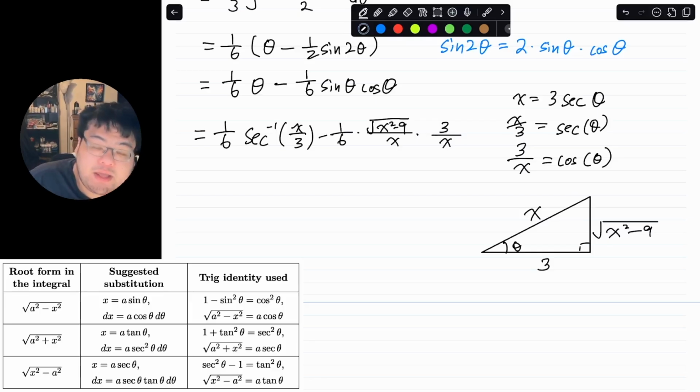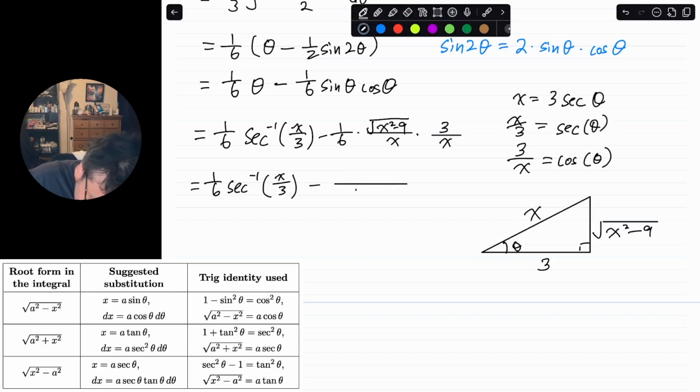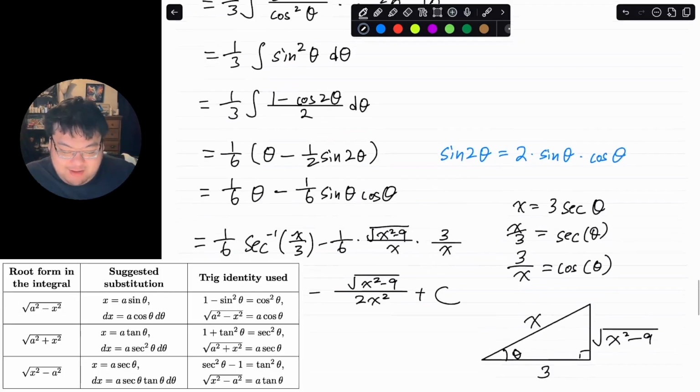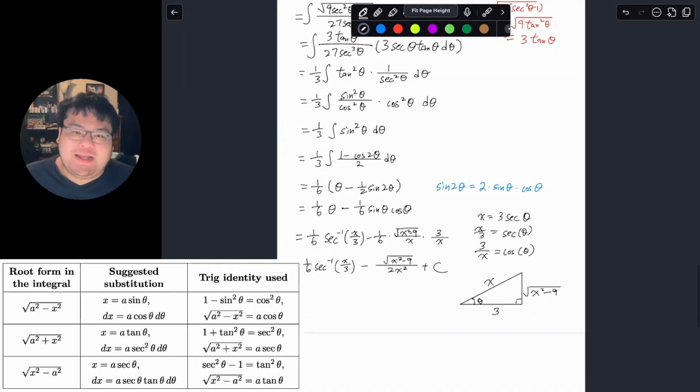So if you further simplify it, and then plus c, of course. So again, quite a handful, but it's the same flow.